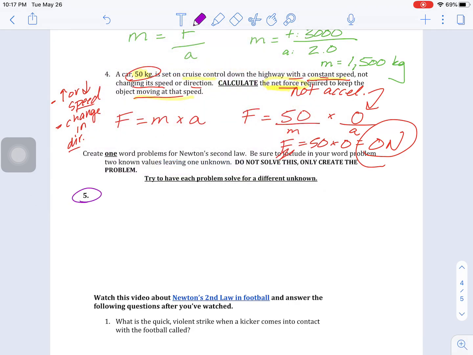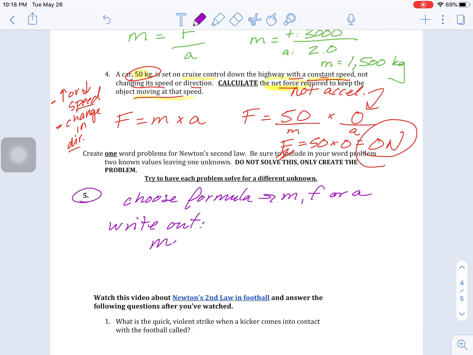Here, number 5, you get a little creative freedom to make your own word problem. So you want to choose a formula that you're going to use. So you get to decide, are you going to solve for mass, force, or acceleration? And you're going to write out the scenario. So you're going to pick the object, whatever it is, moving, give a mass.